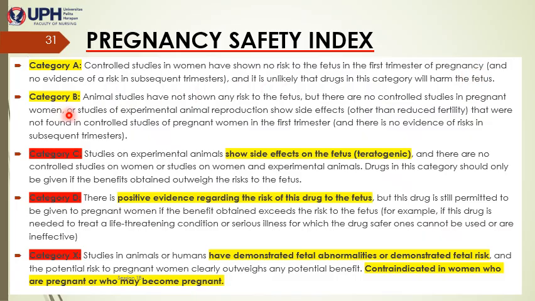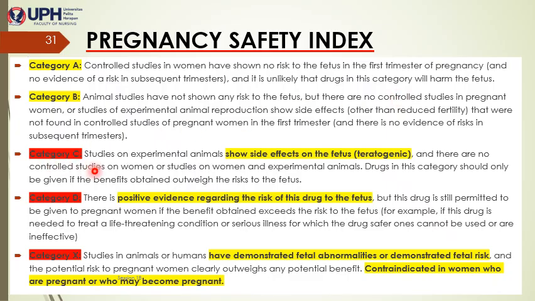Category B has not shown any risk to the fetus, but there are no controlled studies in pregnant women, so they don't have the evidence yet. For animals it's okay, but for humans it has not been studied yet.